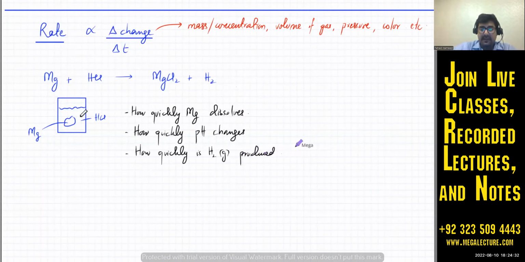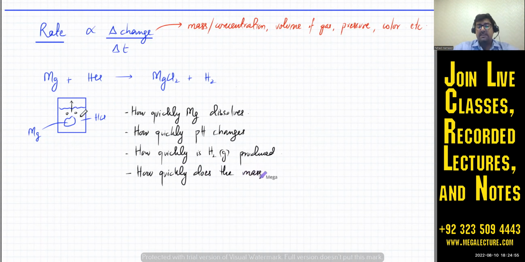You can collect the H2 gas. What you can also do is measure that the mass decreases, because the bubbles get reduced and the H2 gas escapes. So how quickly does the mass decrease? You can put it on a weighing balance and you can measure the change with respect to time.